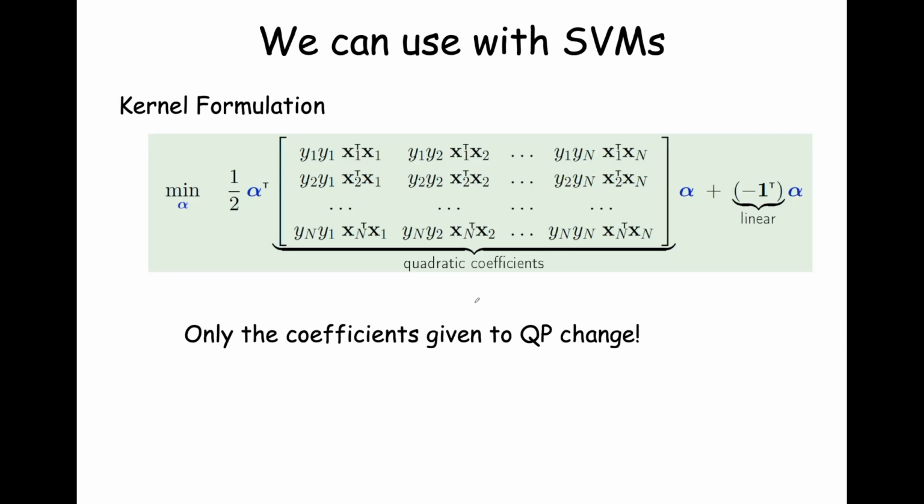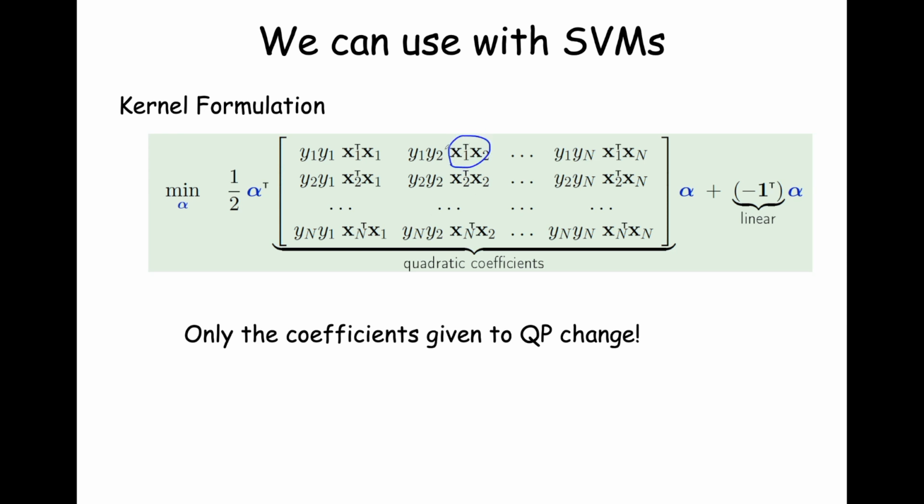Okay, so here is the quadratic programming coefficient matrix that we got as a result of the dual formulation. The QP solver solves this minimization problem, and it returns your alphas. The only change that we have when we use kernels with support vector machines is all of these inner products.